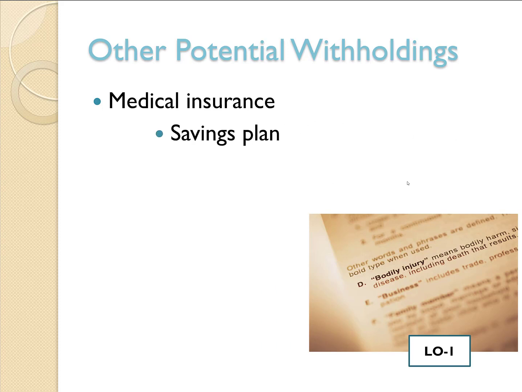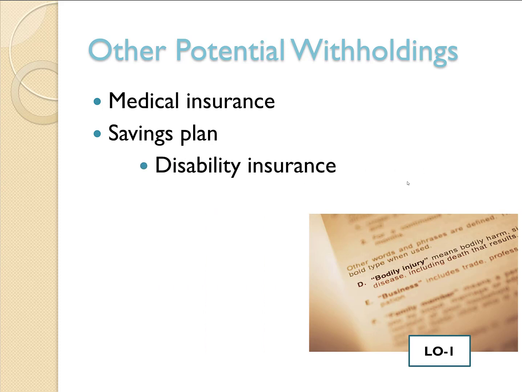They also could have a savings plan. They might have $50 taken out of every paycheck and sent automatically to their credit union's savings account. So that would be another deduction. They could have optional disability insurance. The college has this, long-term disability insurance.